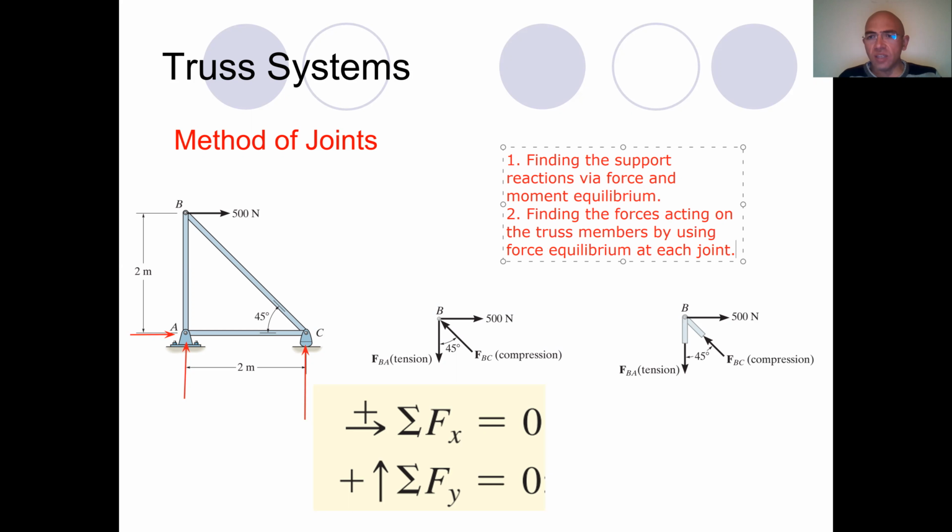So these are the two main steps. In fact, in the method of joints, it will be much more clear when we begin to solve some examples. Now, this is what the method of joints is.